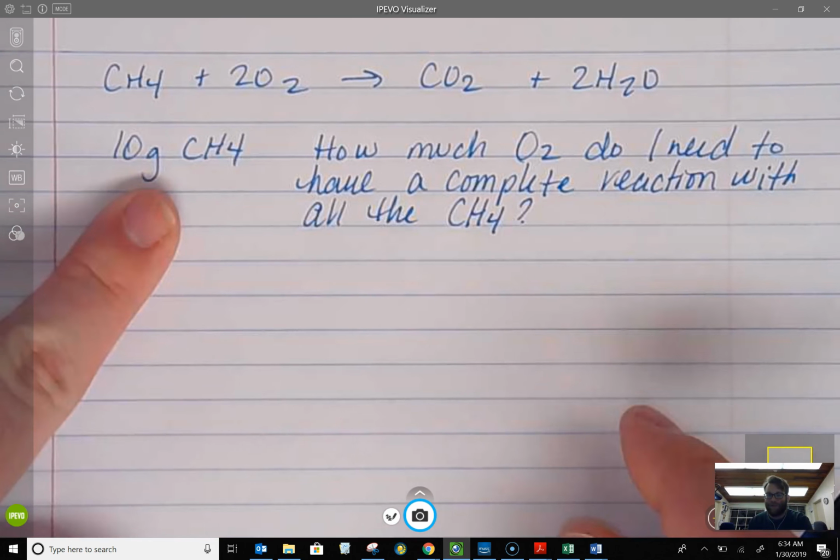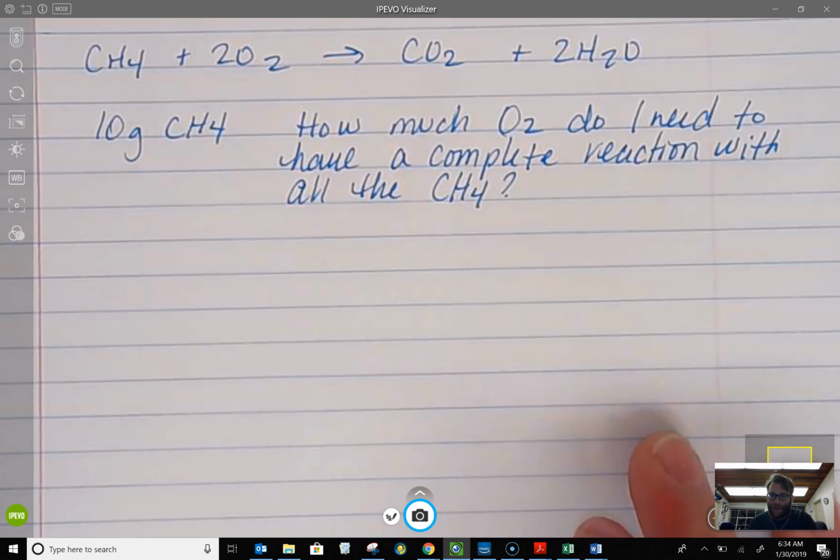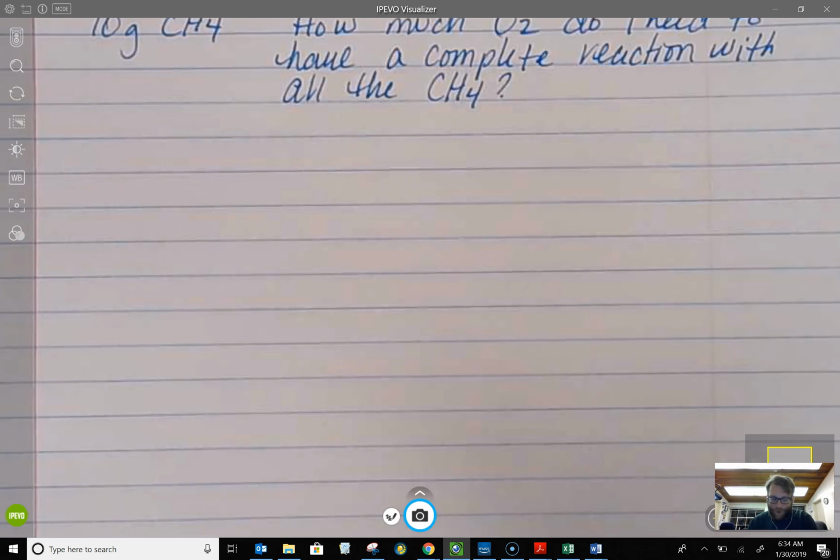Essentially, how much mass or how much matter do I need to react with 10 grams worth of methane gas to produce carbon dioxide and water completely, so that all the CH4 is being used.